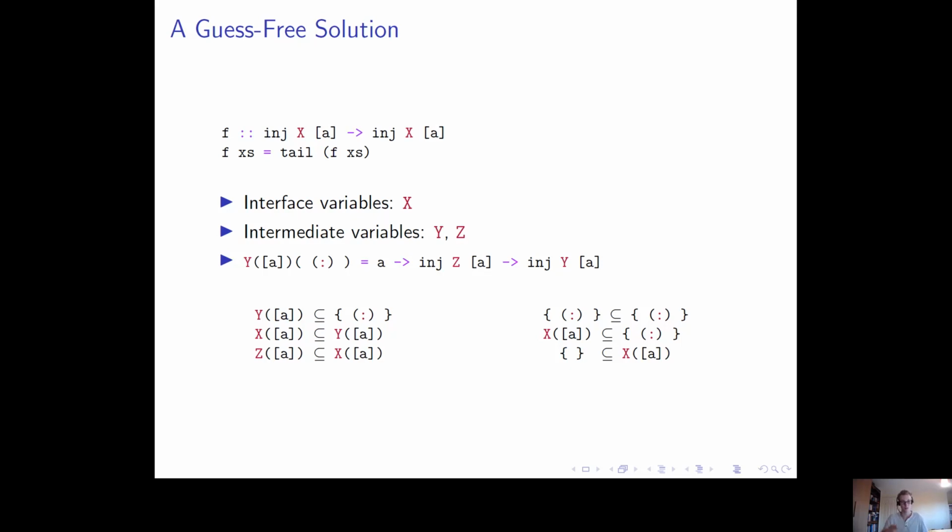However, if z is empty, then y doesn't actually have an accessible cons constructor, as there is no value of type inject z list of a, which is its second argument. Therefore, as the original constraints require that x is a sub-environment of y for lists, x can't have an accessible cons constructor either.